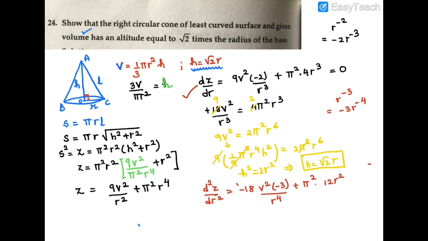So you can see this negative and negative will become positive. We know that the volume is greater than 0 and the radius is also greater than 0. So d square z by dr square is greater than 0. Hence, the curved surface area of the cone is least.